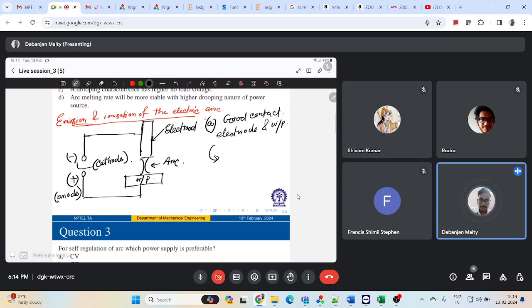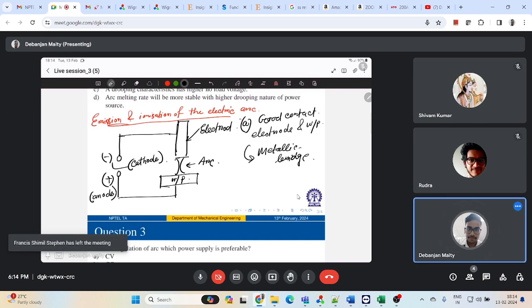So this will create some kind of metallic bridge, and when you are withdrawing the electrode, this will be broken. Correct? Till now, any question?